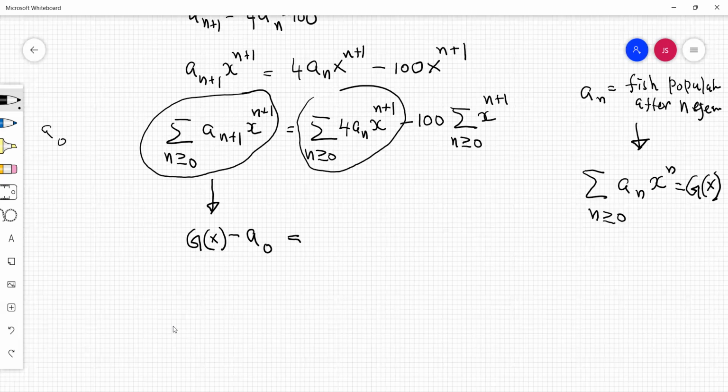Yeah, then it is equal to 4x g(x), right? Minus 100. And what is this now? The sum over n greater than or equal to 0 of x^(n+1). Be careful. What is the associated function for that one?